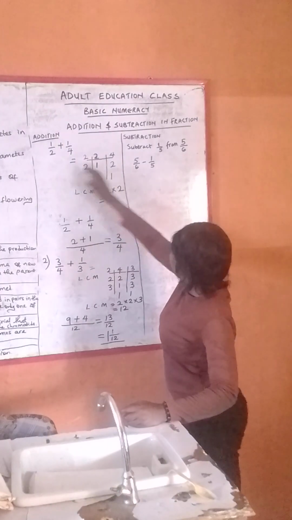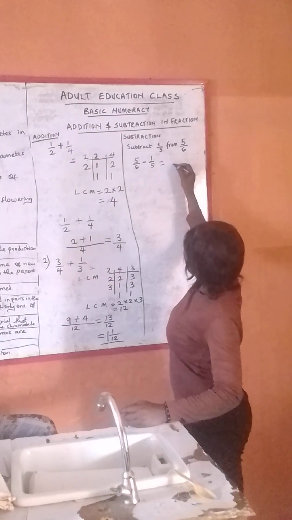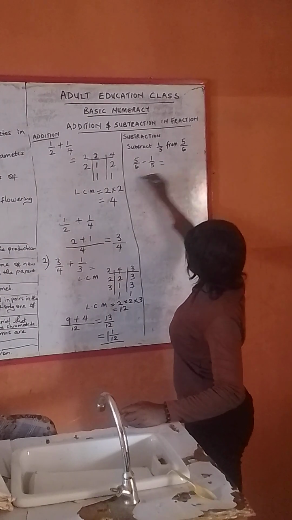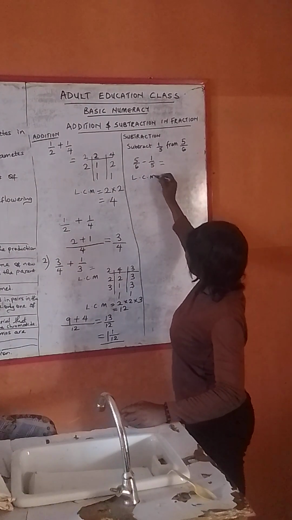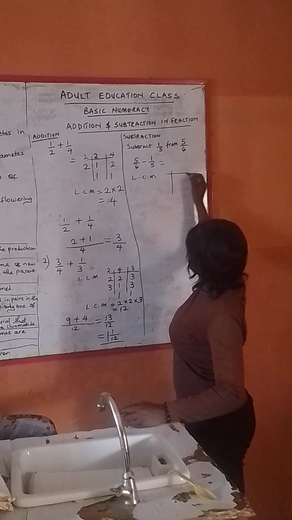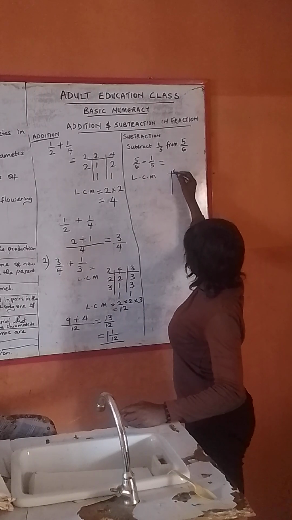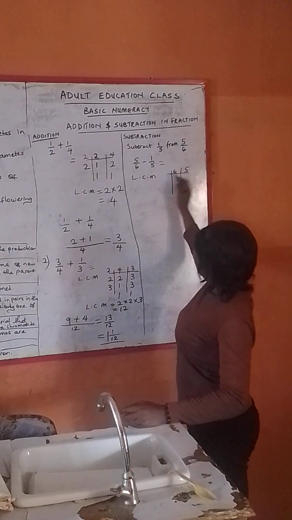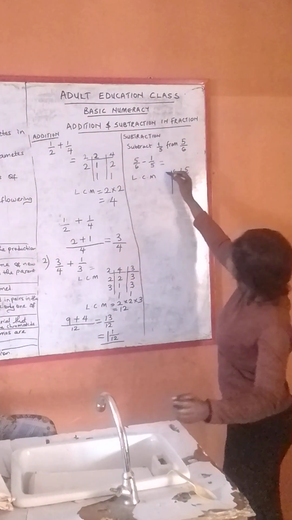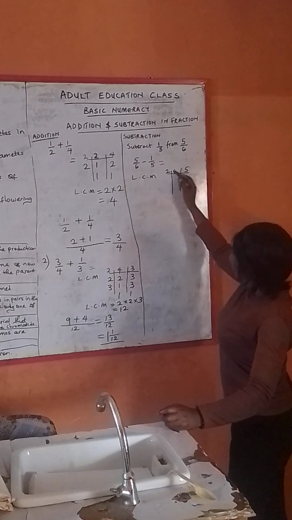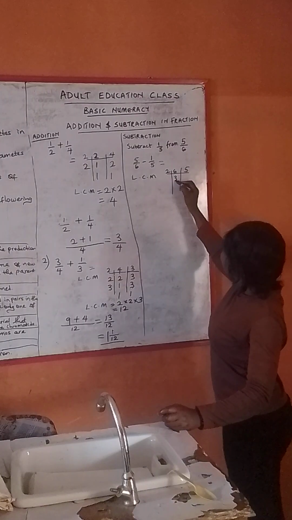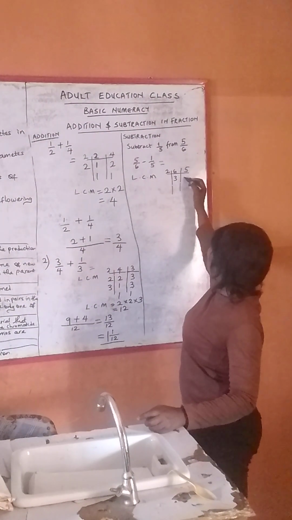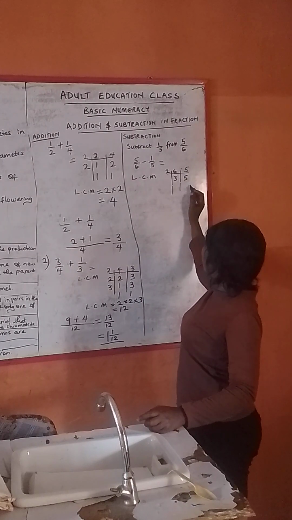Now, you go through the same process you went through during addition. Get your lowest common factor of 6 and 5, since they are the ones here. Now, what is common to them? Let's first use 2. 2 can divide 6 in 3 times, but 2 cannot divide 5 completely, so you put down your 5.